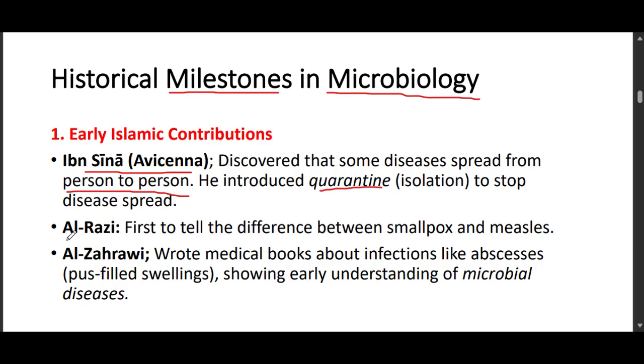Then we also have Razi. He was the first one to bring about the difference between smallpox and measles. Then we also have Al-Zahrawi. This person wrote medical books regarding infections such as abscesses.